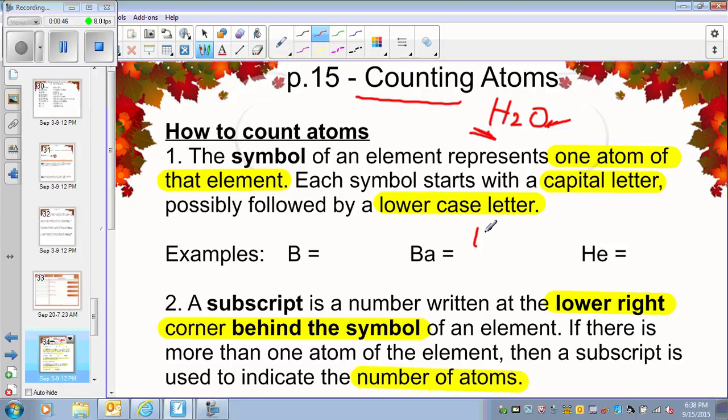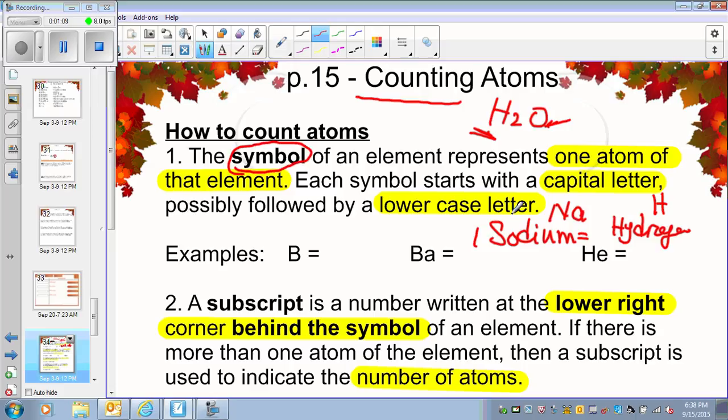So we have sodium, and in the same box of sodium, right above or underneath, there is a capital and a small letter. That capital and small letter, for example, Na for sodium, and for hydrogen it is H, is the symbol of that element.